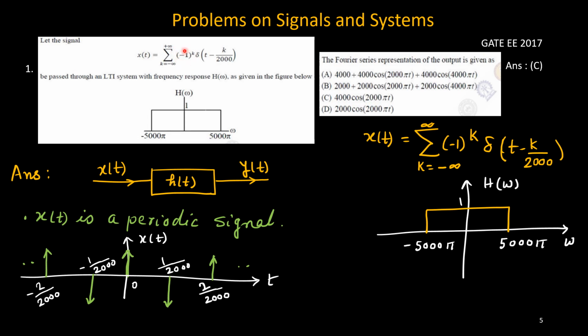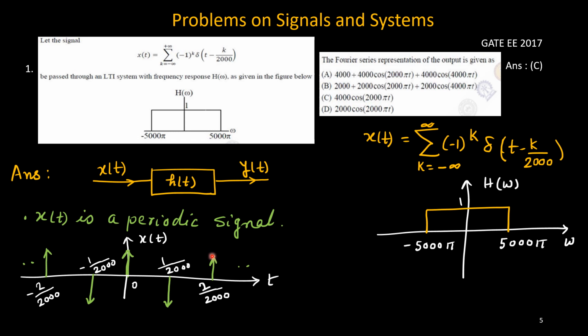The amplitude is -1, so a negative delta function located at 1/200. Then for k equal to 2, it becomes positive again, at 2/200, so we get one more impulse.